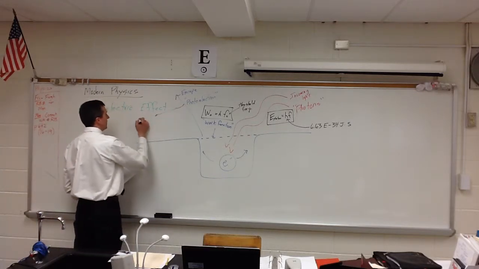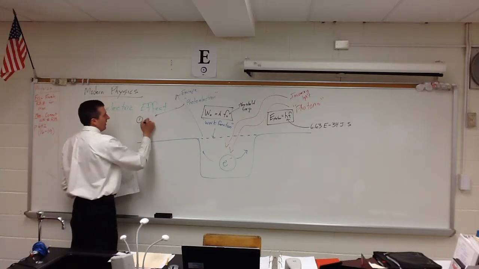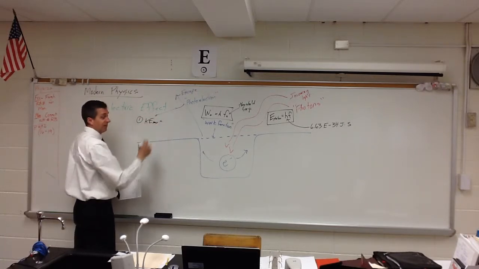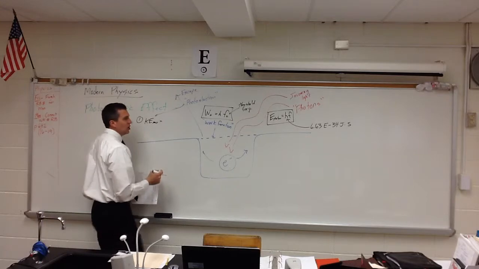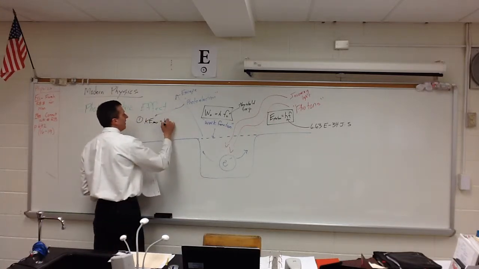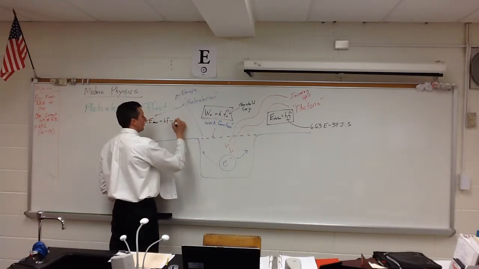The first one would be, well, it's a simple concept. If you want to know the maximum kinetic energy that Eddie, the photoelectron, might have once he escapes and becomes a photoelectron, you could take the amount of energy he was given by the light and subtract the amount of energy it took him to escape.